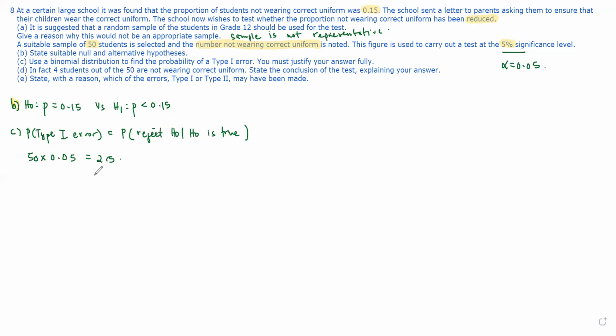So let's try x equals 3 then. We need to find the probability of rejecting the null hypothesis. So we need to find the left tail area. And suppose the number not wearing correct uniform is given by X here. X represents the number of students not wearing correct uniform.